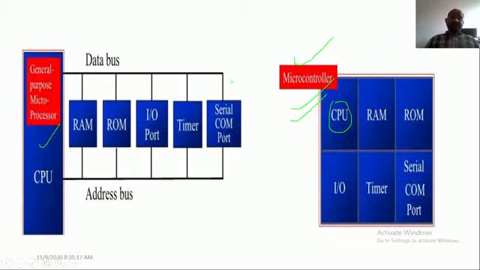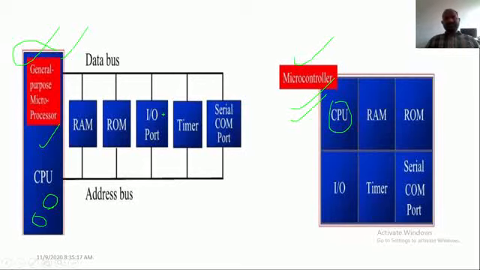But when microcontrollers were introduced, the market for the microprocessors reduced. To increase the market for the microprocessor also, the microprocessor manufacturers introduced some on-chip peripherals. Even though they have some on-chip peripherals inside the microprocessor, they are not called a microcontroller. They are called microprocessors only.